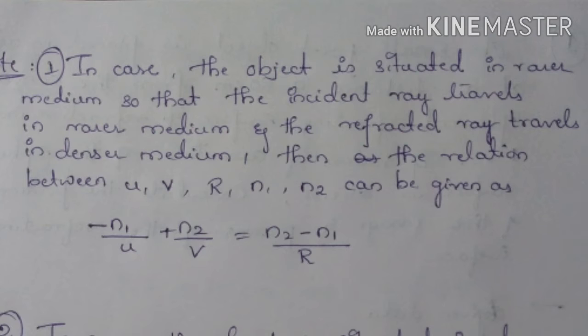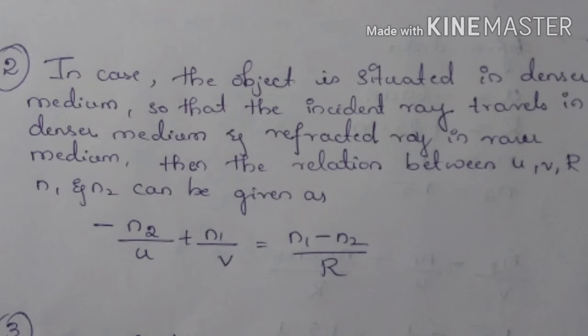So the object is placed in a rarer medium and the light from this object travels from rarer medium to the denser medium. If that is the case, then the equation will be minus n1 by u plus n2 by v equals n2 minus n1 by r. This is the relation that you have to use when the object is placed in a rarer medium.